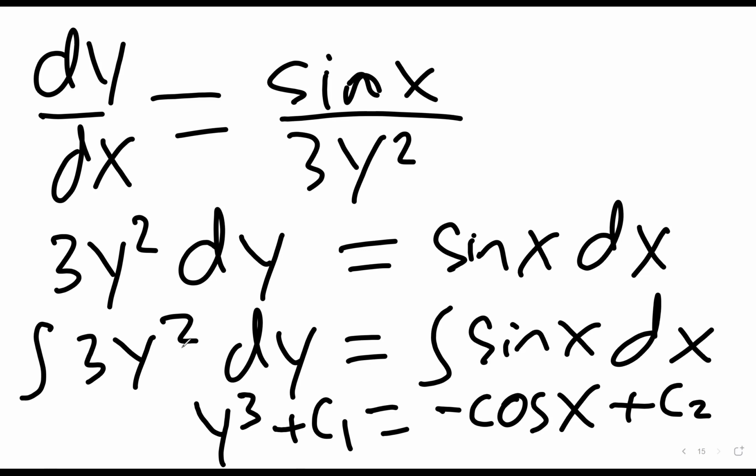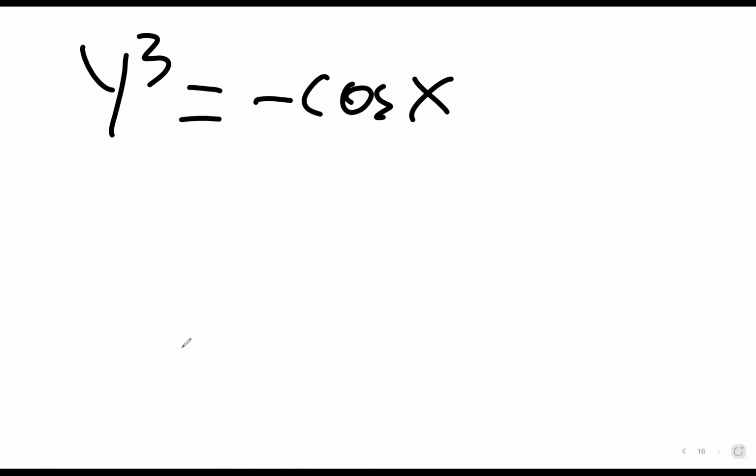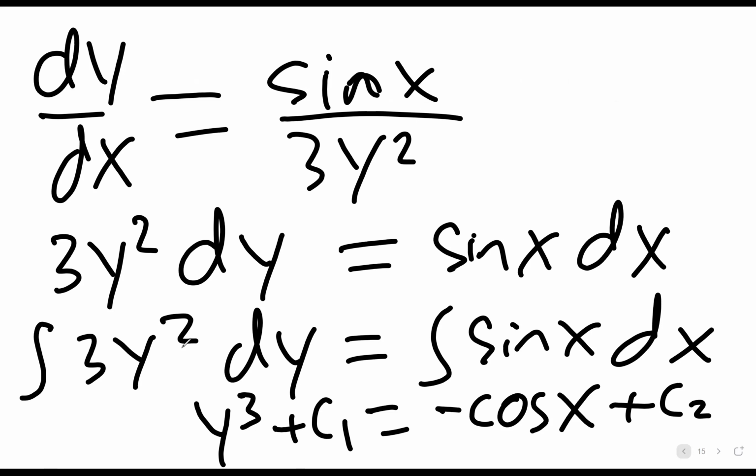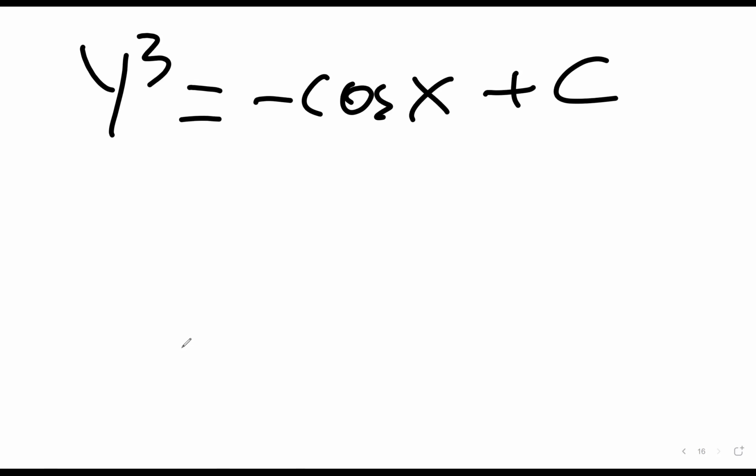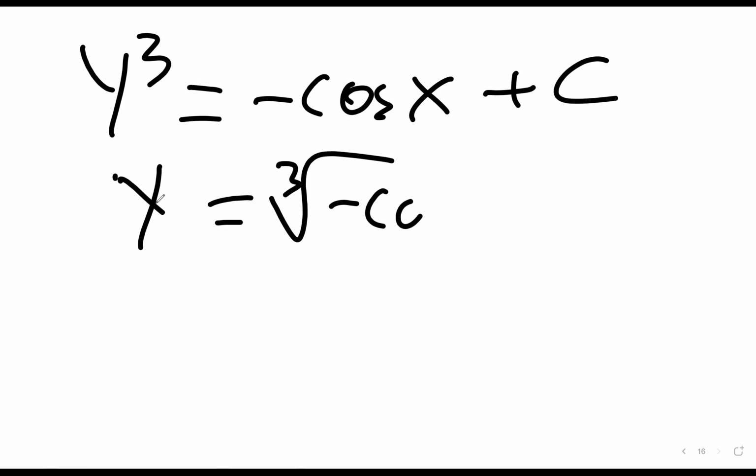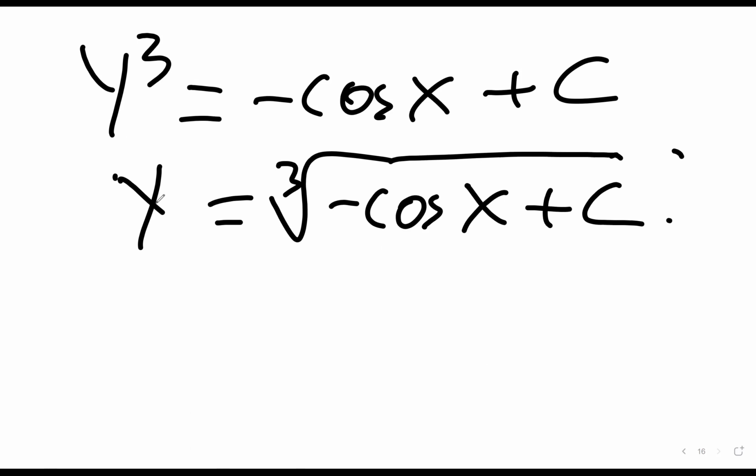If we combine this, then we have y cubed equals minus cosine x plus, I just absorb the constants c2 and c1 into one constant only. So the solution will be y equals the cube root of minus cosine of x plus a constant c. Of course, the values of c here are infinitely many.